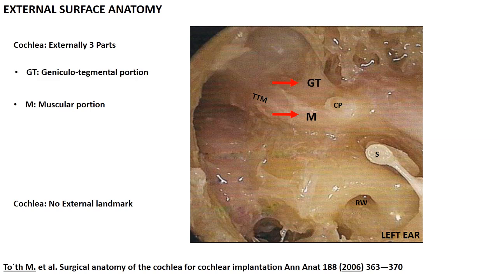Then a small part above it, and deep to it will be another part of the cochlea, called the geniculo-tegmental portion. But the main portion, of course, will be the promontorial portion. So we have the promontorial portion, the muscular portion, and the geniculo-tegmental portion of the cochlea.